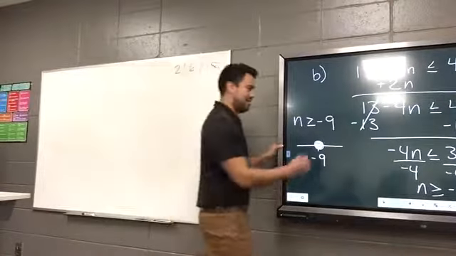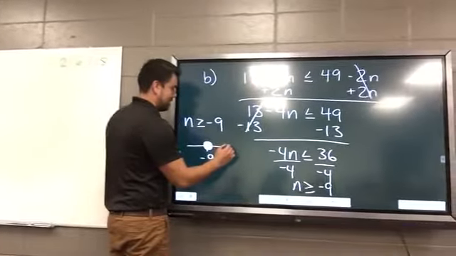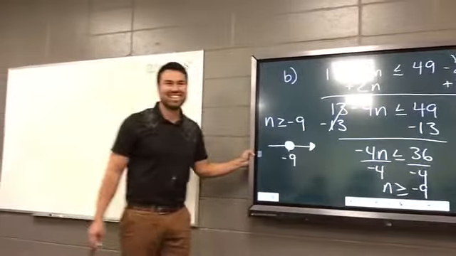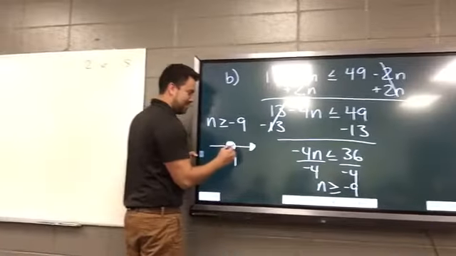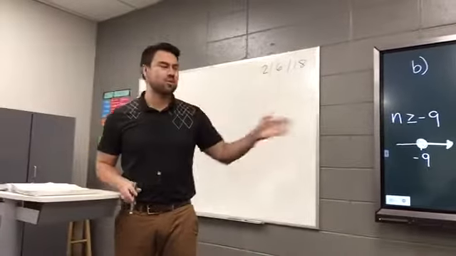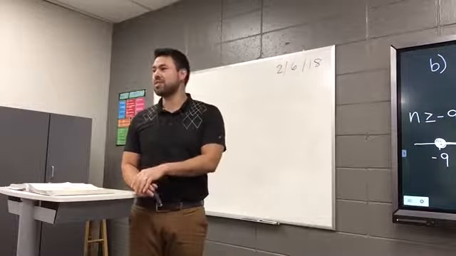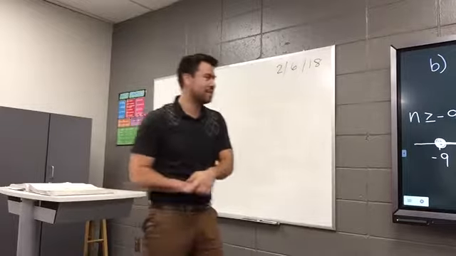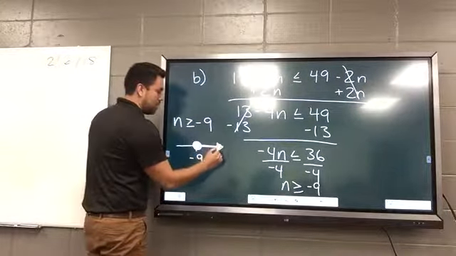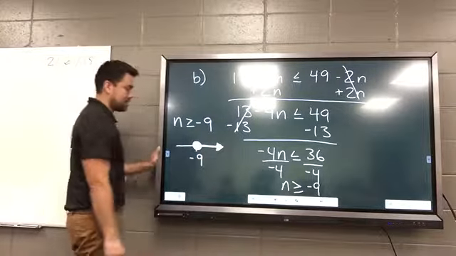Draw your arrow going to the right. Sixth step. Fill in the line. Okay, in six simple steps, you can graph this inequality. Each step was very easy, but this is what it should look like: a closed circle on negative 9 with an arrow going to the right.